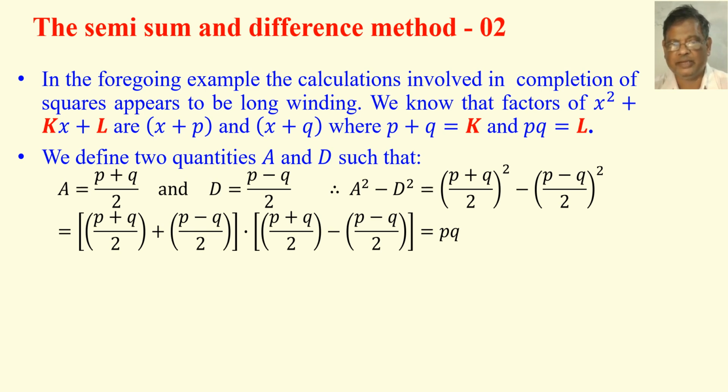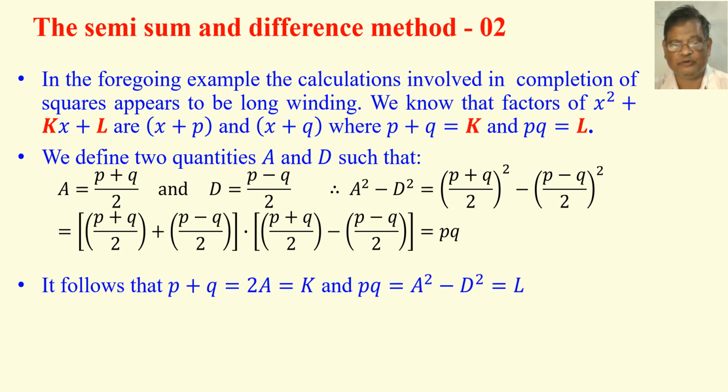Therefore, A squared minus D squared is equal to ((p plus q) divided by 2) whole thing squared minus ((p minus q) divided by 2) whole thing squared, which ultimately simplifies into pq. It follows that p plus q is equal to 2A, which equals k, and pq is equal to A squared minus D squared, which is equal to l.